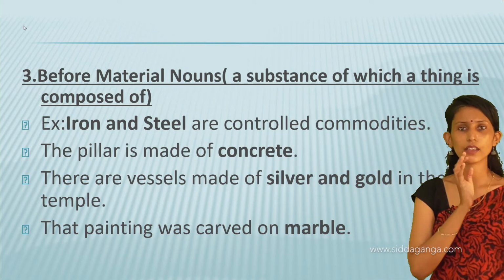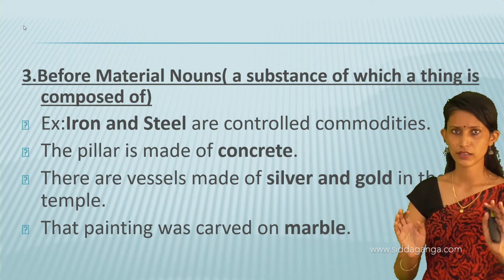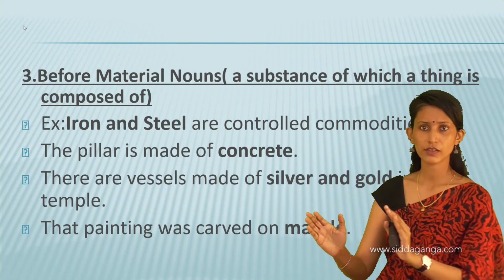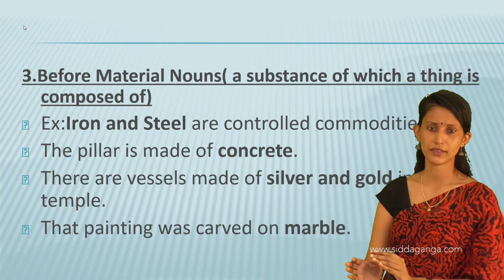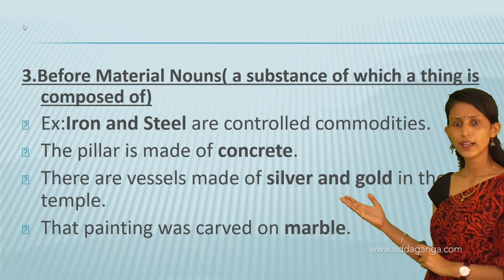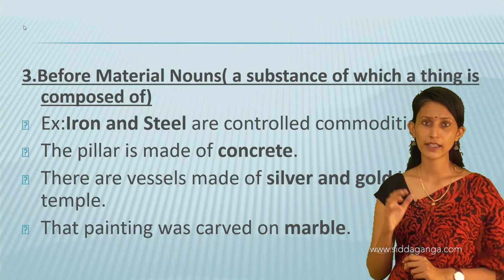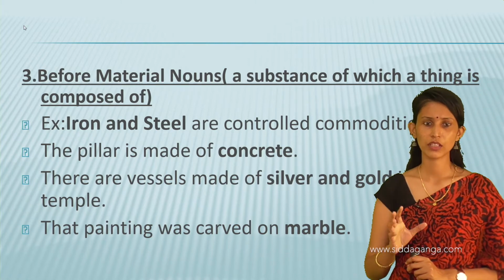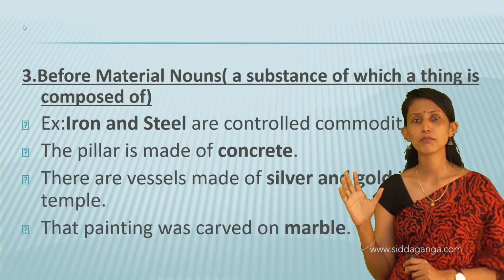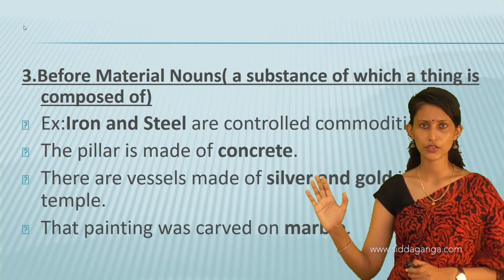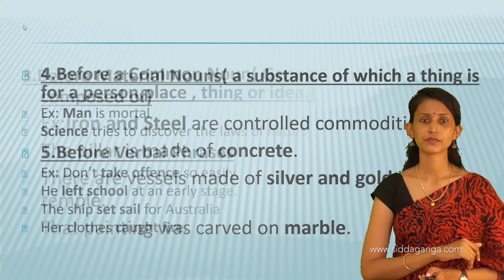A concrete, the concrete, no. Pillar is made of concrete. It is alone. It does its function. There are vessels made of silver and gold in the temple. Silver and gold. Okay, it's a material noun. The painting was carved on marble. Again, material noun. So before material nouns, you're not supposed to use.